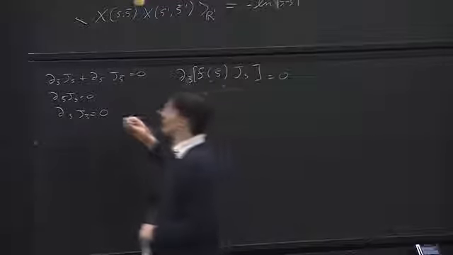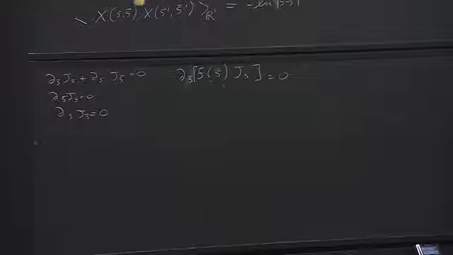So if you take the derivative with respect to s and s prime, you get something like that. Also, if you stare at this expression for a little bit, you can see that this is actually the Green's function on the cylinder.